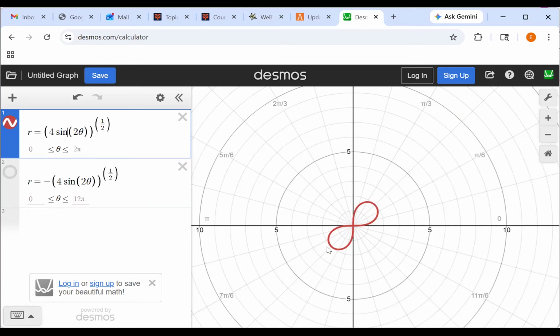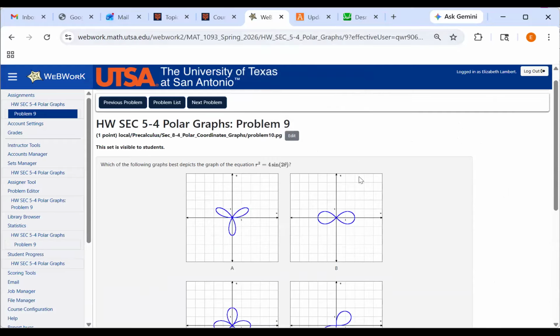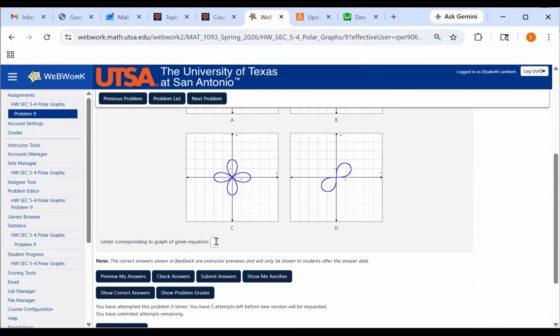And that gives us an infinity that's centered around the 45-degree line, which is D.